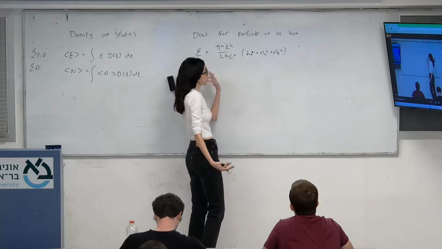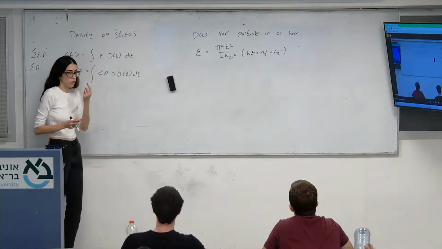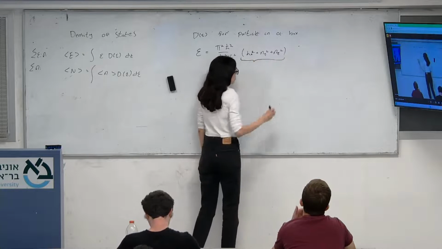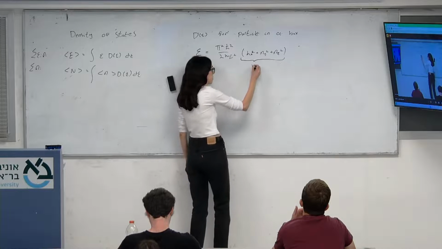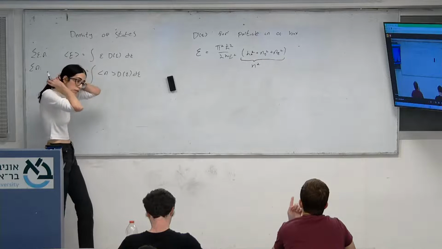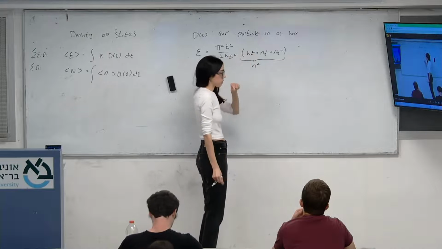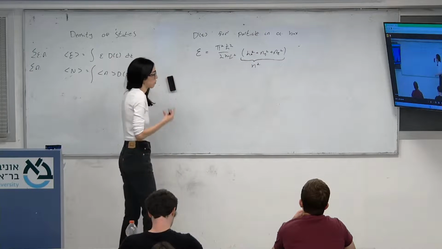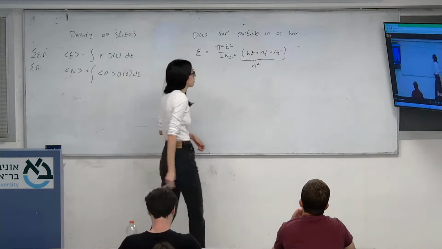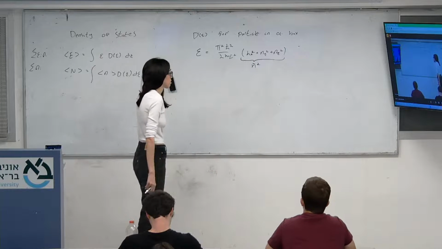Now what we want to find is how many states we have for each energy level. We have those 3 degrees of freedom, so let's turn them into 1 and call it n, so this is all n squared. What is n? n is the quantum number. We have one quantum number for each degree of freedom, so in 3 dimensions we have 3 quantum numbers. So n is basically a vector, but we look at the absolute value, so it doesn't matter.